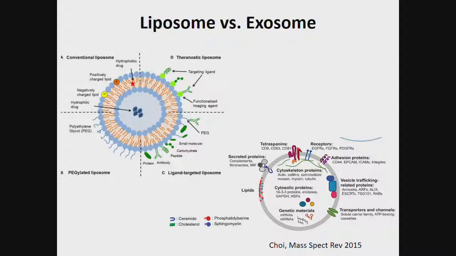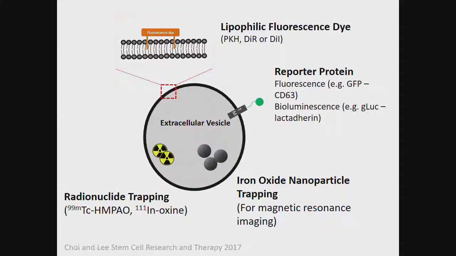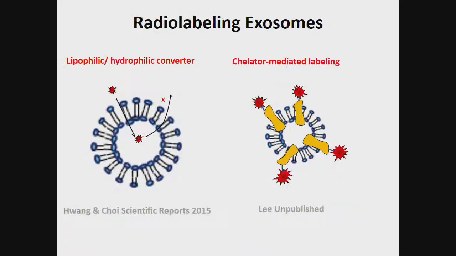So this is the endogenous one. Interestingly, knowledge about the exosome has just recently exploded. So we tried to label them with our method. Others are using reporters and lipophilic fluorescent dye. So the radiolabeling scheme was like that, in Scientific Reports.